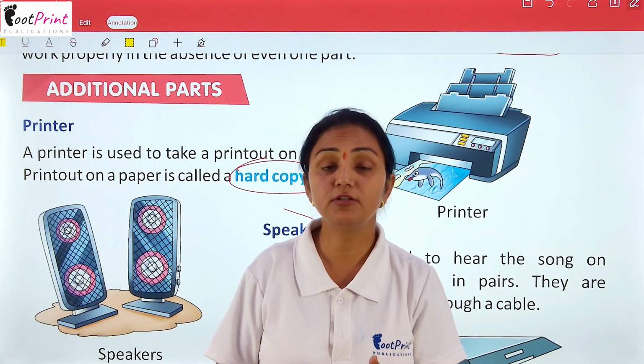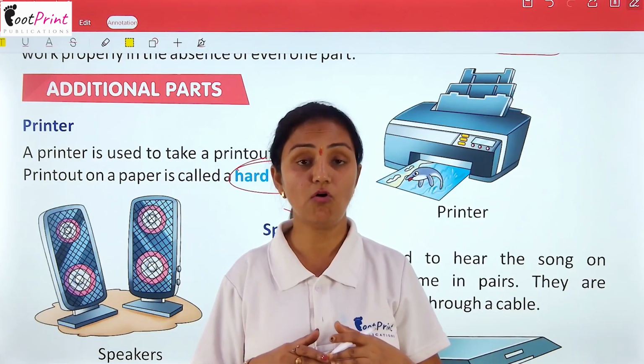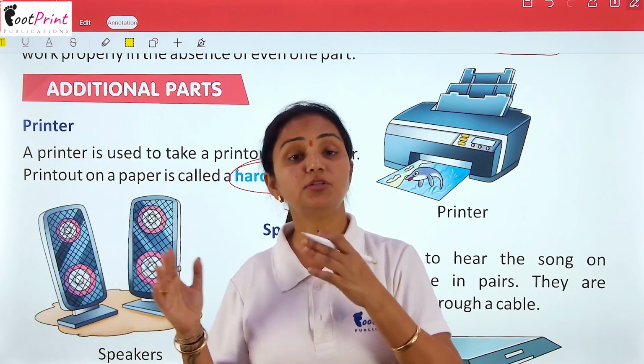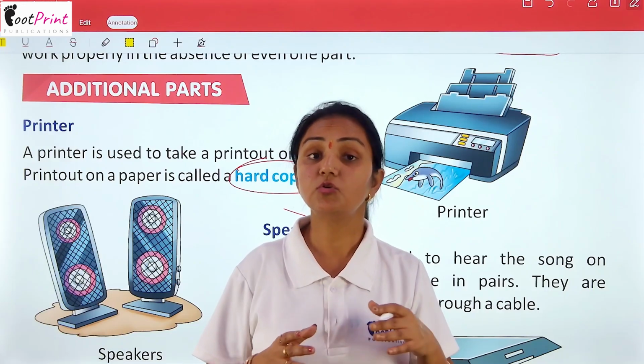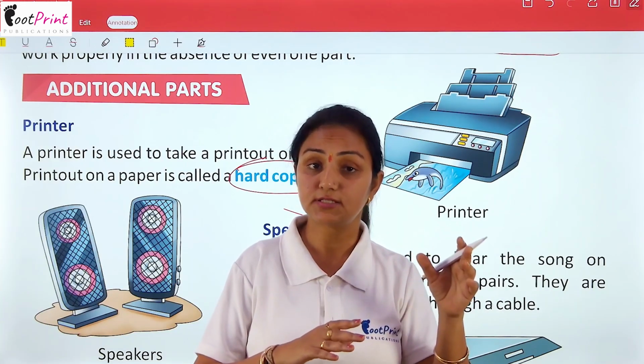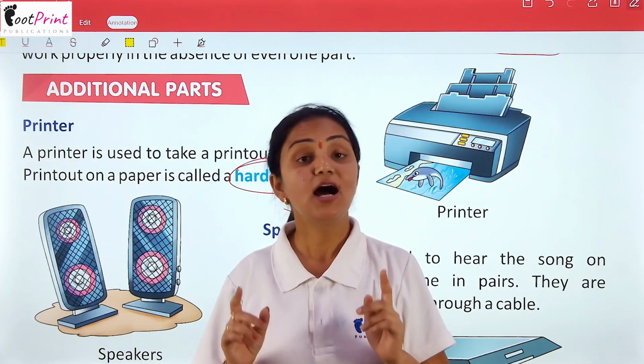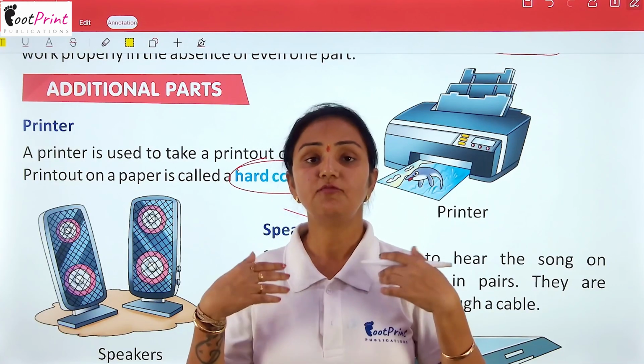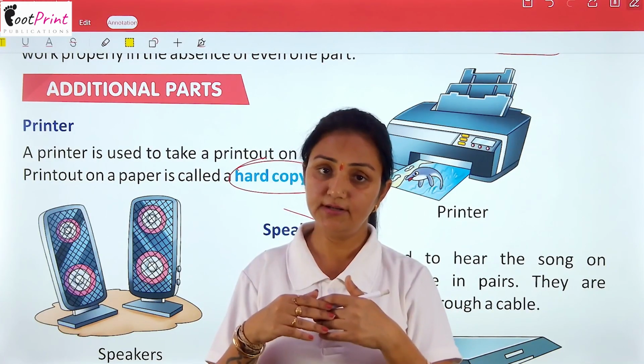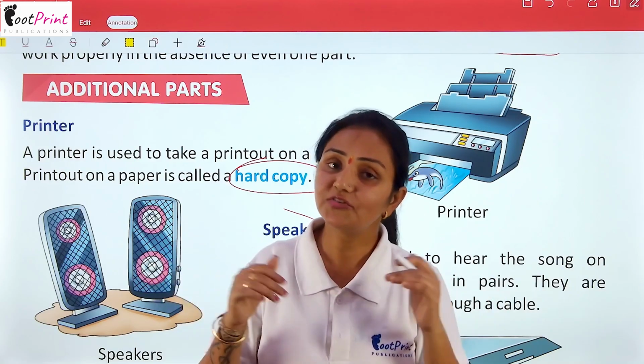So what you will do, you can just take the printout on a paper and show the task, isn't it? So the result that you are taking in printing manner on a paper will be called the hard copy. Okay? And whatever the work you are showing on the monitor will be called the soft copy.